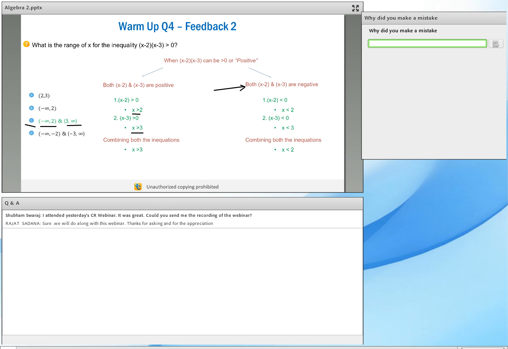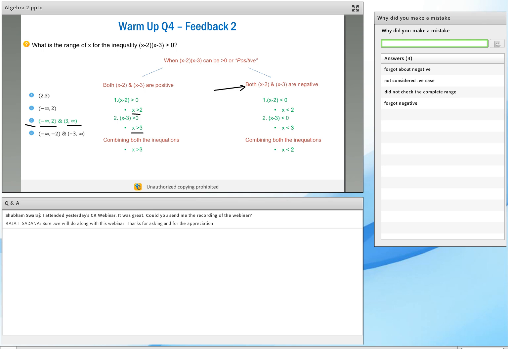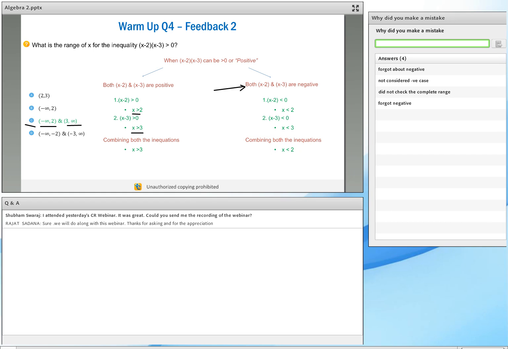Now you can put in your answers. For those of you who made a mistake, why and where did you make a mistake? Let's get a few responses. Okay, forgot about the two negatives. What else? And are you writing this down? Did not check the complete case, did not consider the negative case. All right.